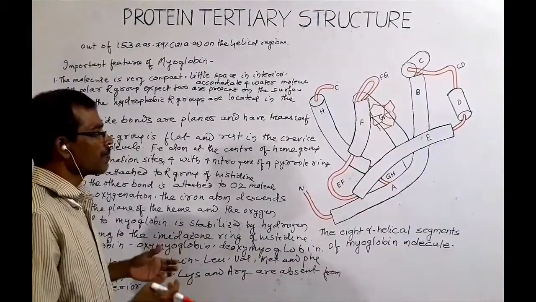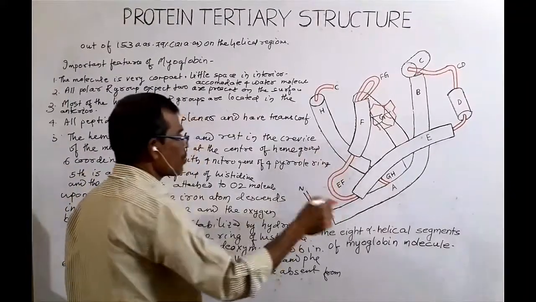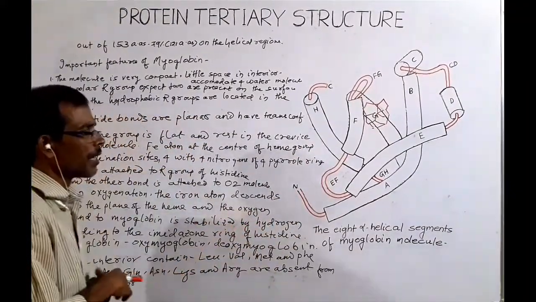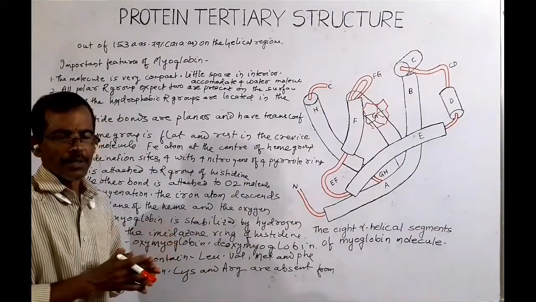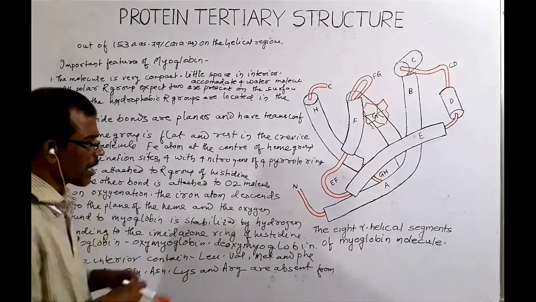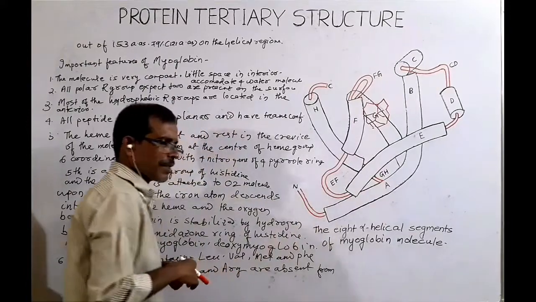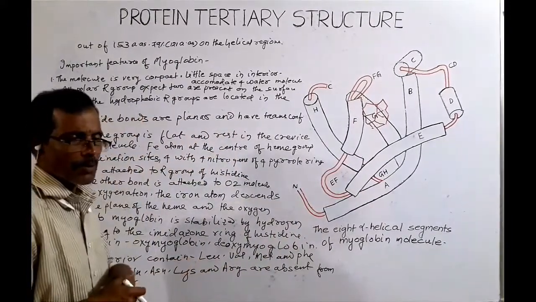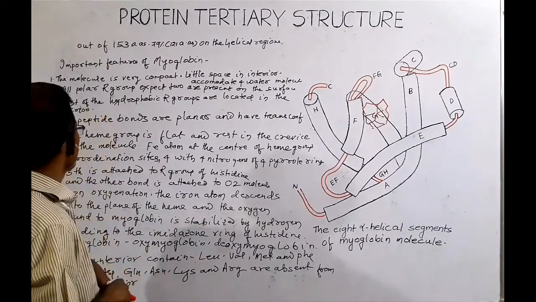Out of 153 amino acids present in the globin chain of myoglobin, about 79% of the amino acids, that is about 121 amino acids, are distributed in the alpha helical segments, whereas the remaining amino acids are dispersed throughout the non-helical areas.